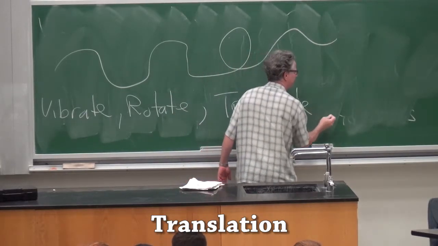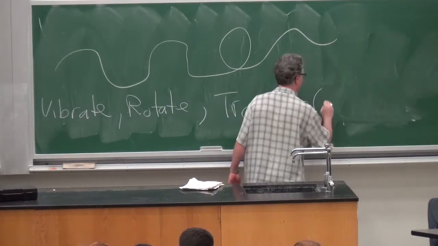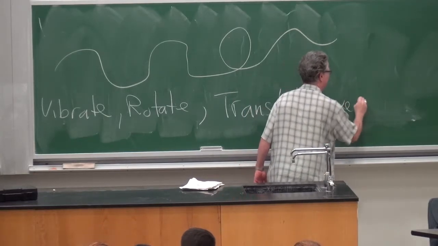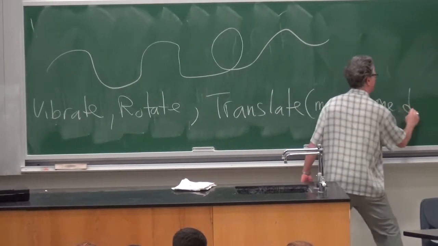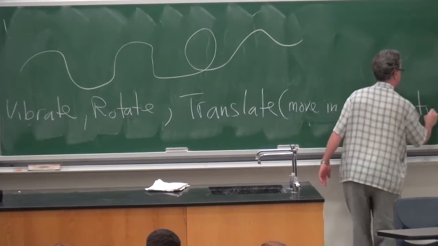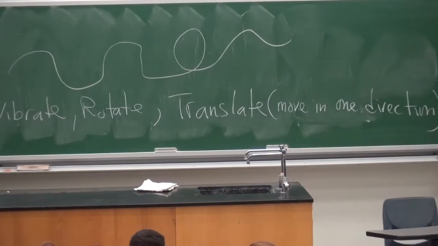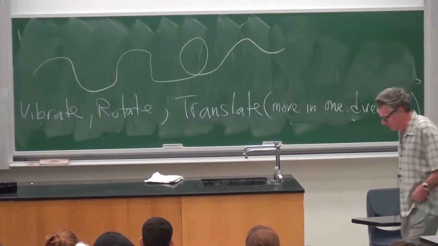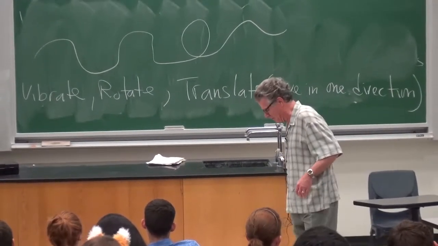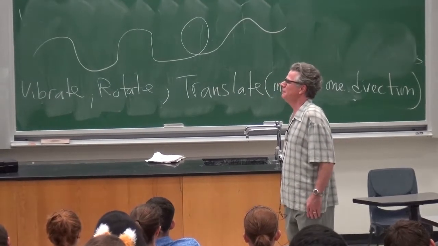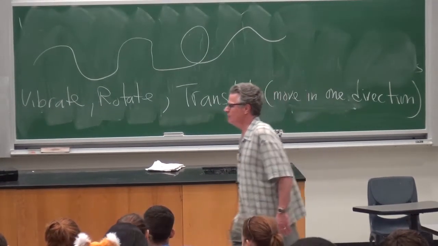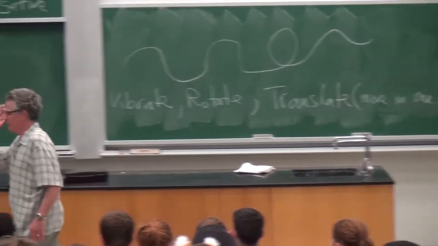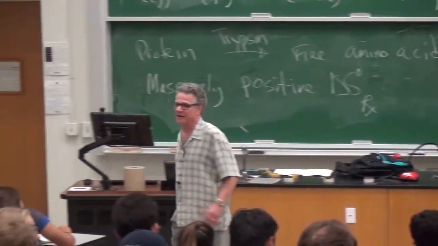Now, translate simply means move in one direction. Translate has a different meaning, of course, in linguistics, but in a chemical sense, what I'm doing is translating. I'm moving in one direction along a line.